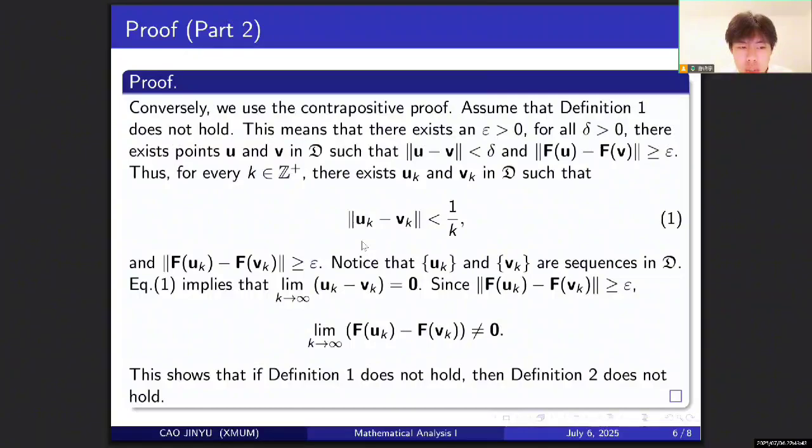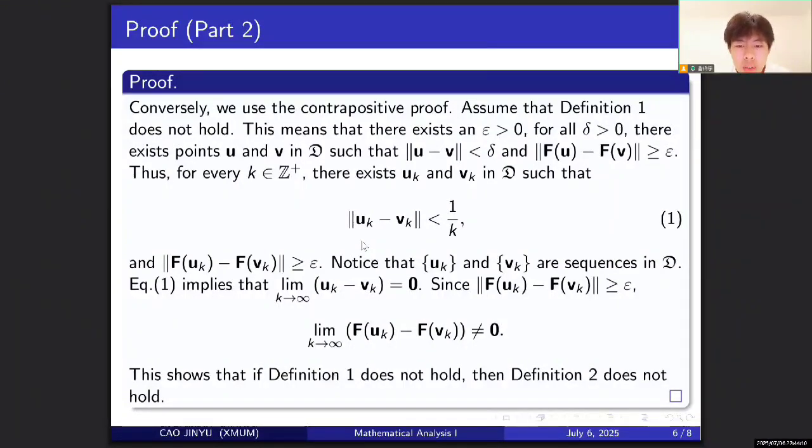And still the norm of f(uk) minus f(vk) is greater than or equal to epsilon. Notice that uk and vk are two sequences in D, and this implies that the limit of uk minus vk as k approaches infinity is the zero vector.